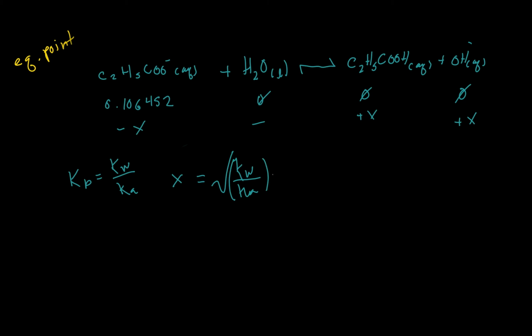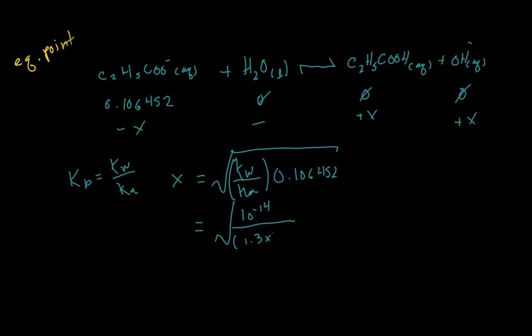That's going to be multiplied by our initial concentration that we solved for, so we can just put that straight in, 0.106452. This is going to be equal to Kw, which is 10 to the negative 14, over 1.3 times 10 to the negative 5.